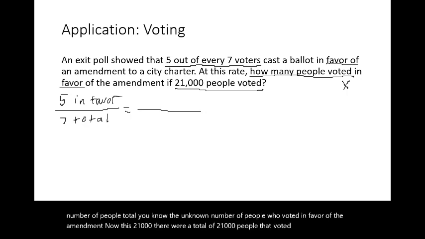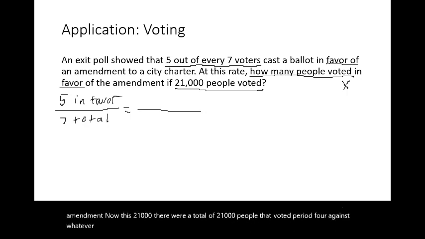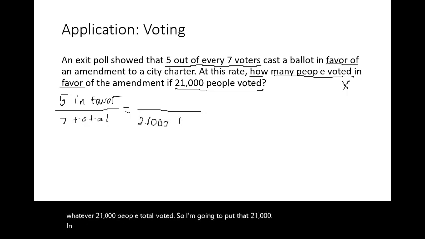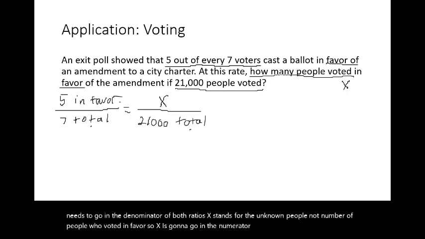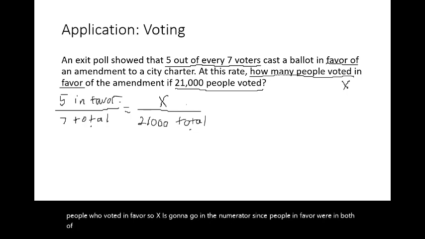For, against, whatever. 21,000 people total voted. So I'm going to put that 21,000 in the denominator of the second ratio because this is the total number of voters, and total needs to go in the denominator of both ratios. X stands for the unknown number of people who voted in favor, so X is going to go in the numerator since people in favor were in both of the numerators.